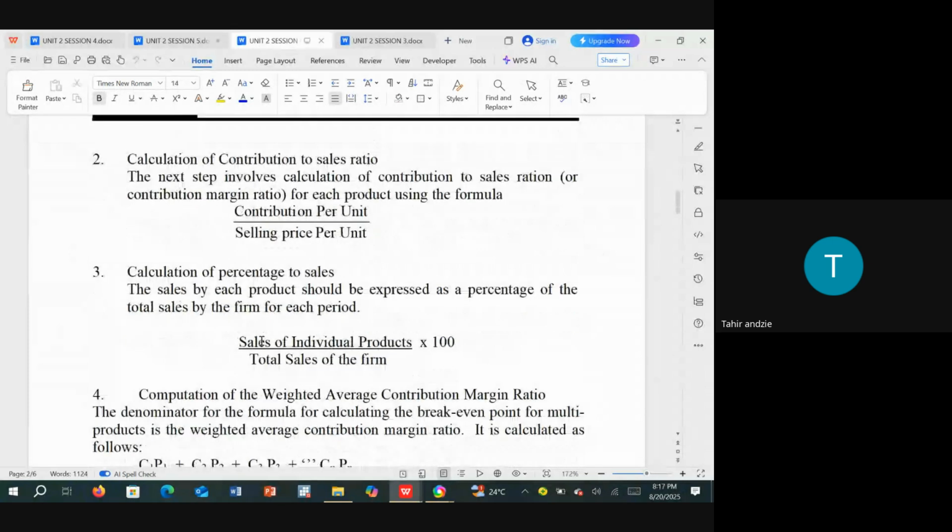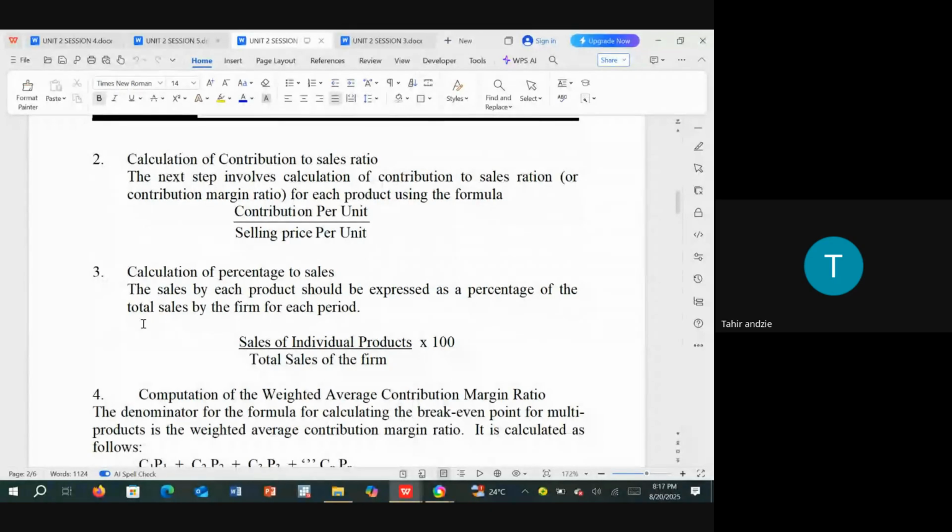Right. Then the third step is the calculation of percentage to sales. So for each of the products, what portion is their sales to the total sales of the firm?